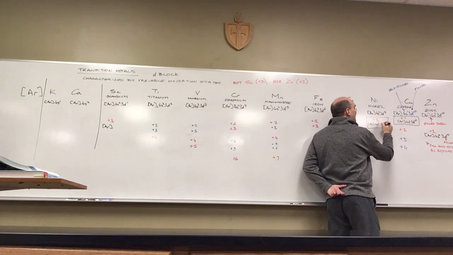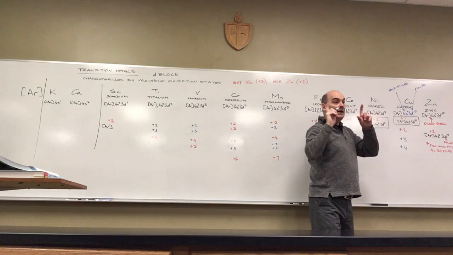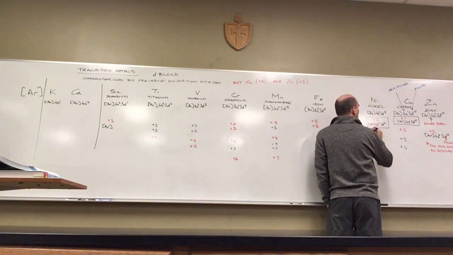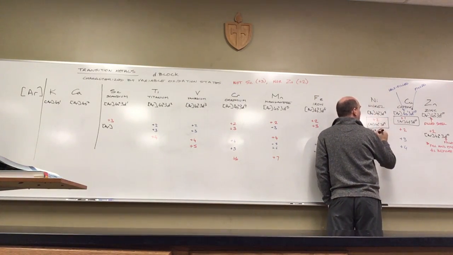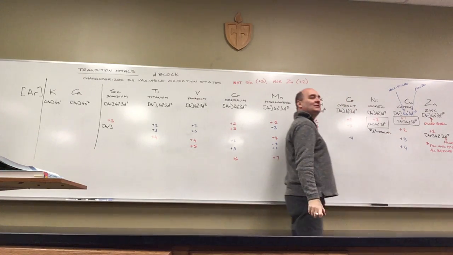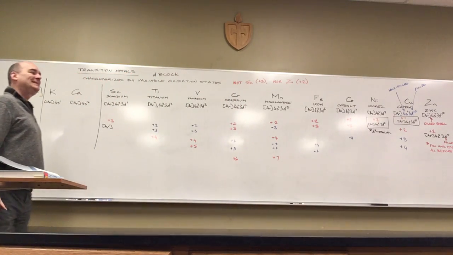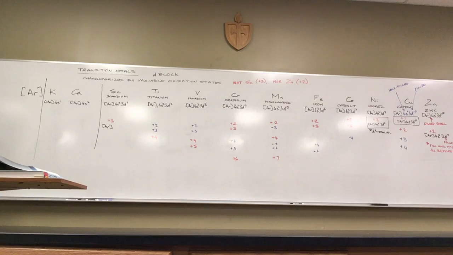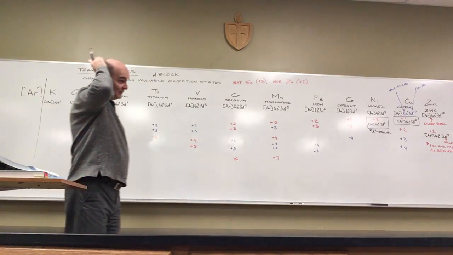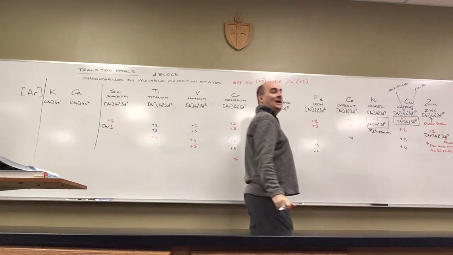Yeah, I steal from the 4s, I leave the d8. Nickel is going to do something that the other atoms don't do nearly as well. The d8 configuration of electrons is special. We'll get to it.